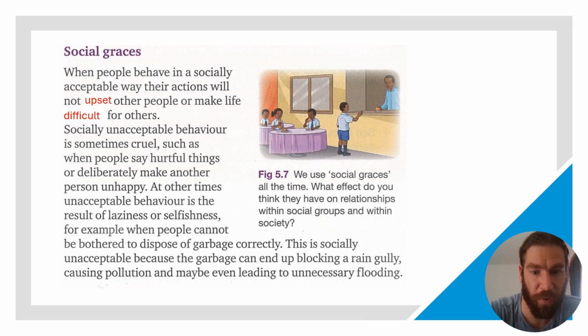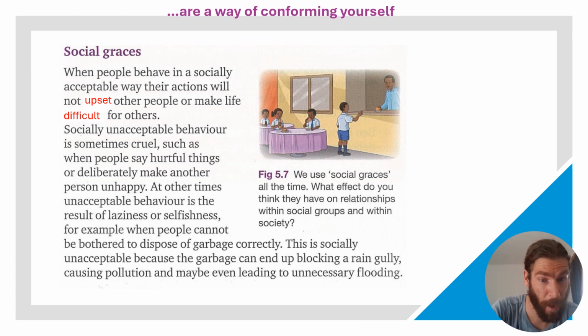So social graces are like asking things politely, having the right clothing with a tie and school uniform, and it won't upset other people, and it will make social interaction happen more smoothly and more easily.